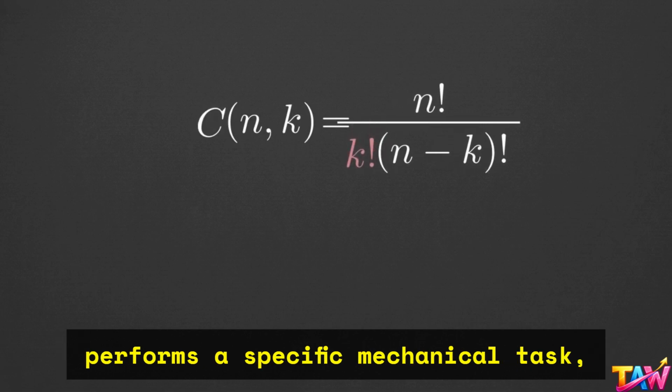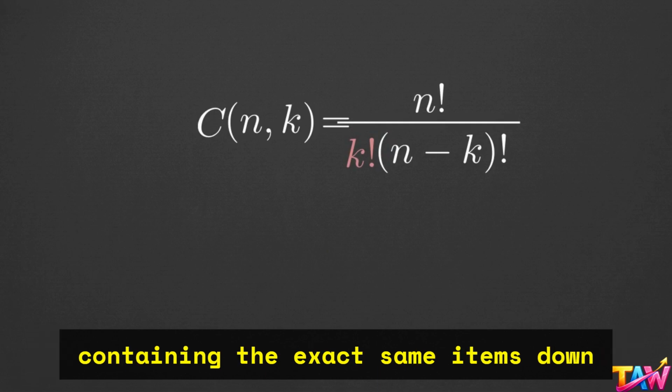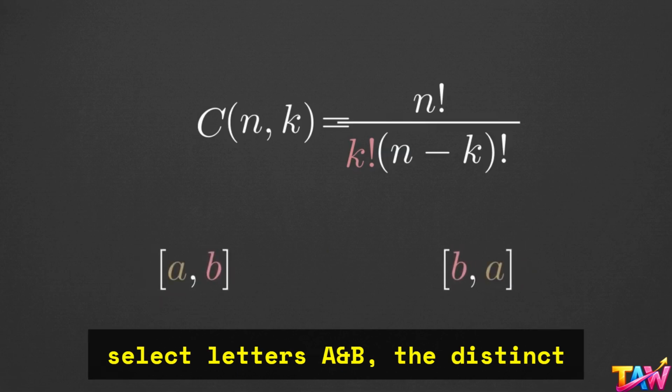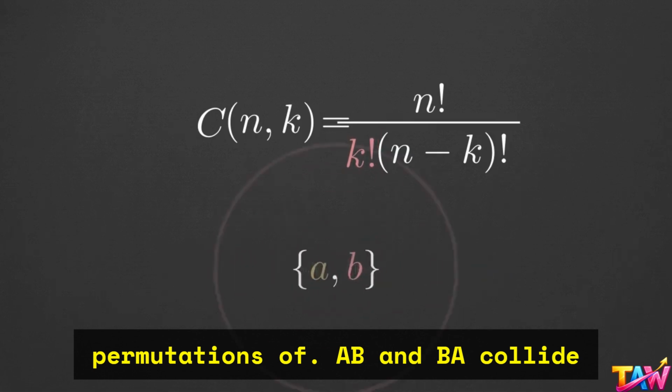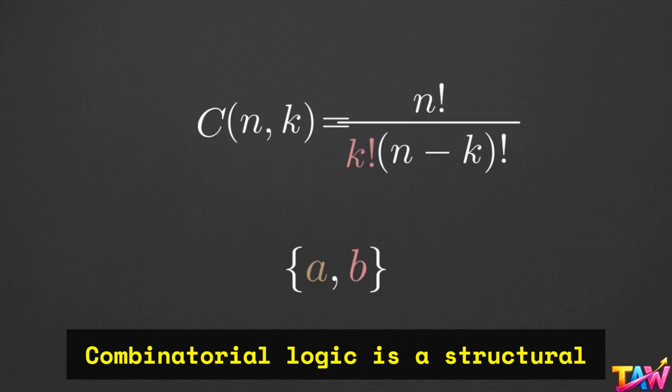This extra division performs a specific mechanical task, collapsing differently ordered sequences containing the exact same items down to a single state. If we select letters A and B, the distinct permutations of AB and BA collide and fuse into one unified combination.